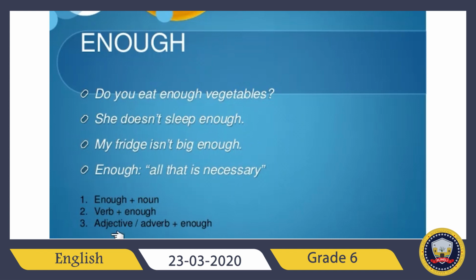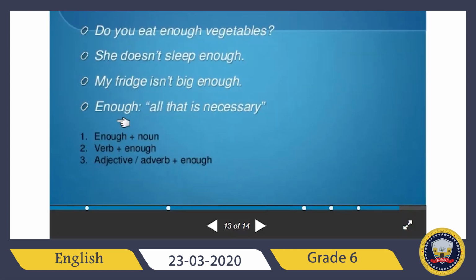The other structure is an adjective or adverb before "enough." "My fridge isn't big enough." It means that it is not big enough to put many things inside. The other usage of "enough," which we have here in this example, means "all that is necessary." This is the meaning of "enough."